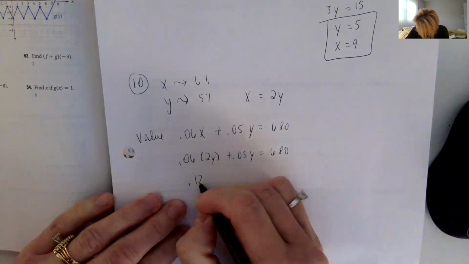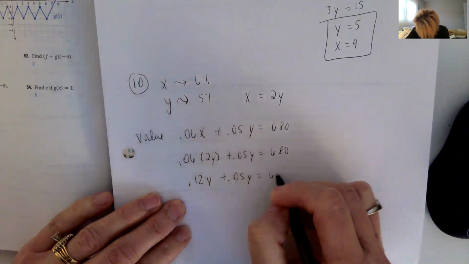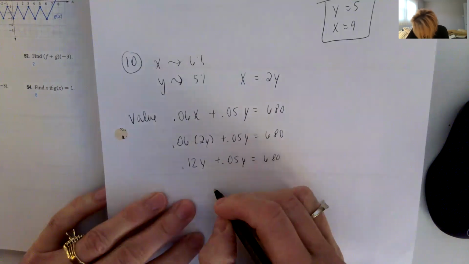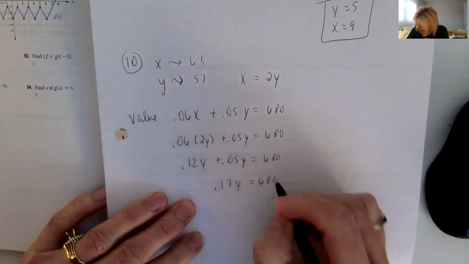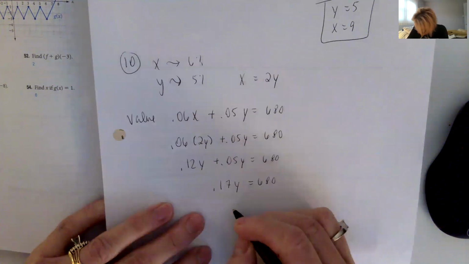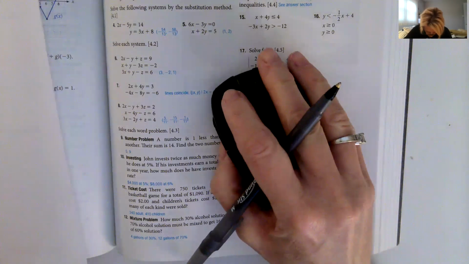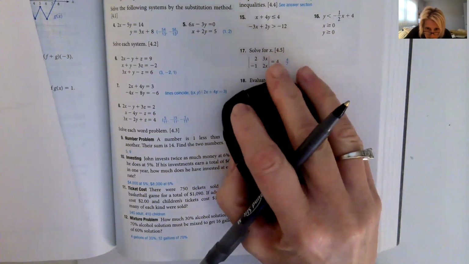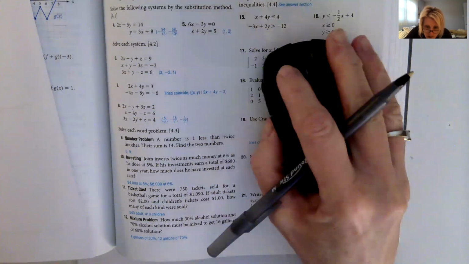So this is 0.12Y plus 0.05Y equals 680. So those add to make 0.17Y equals 680. And so we are going to divide. Go back to Desmos momentarily.